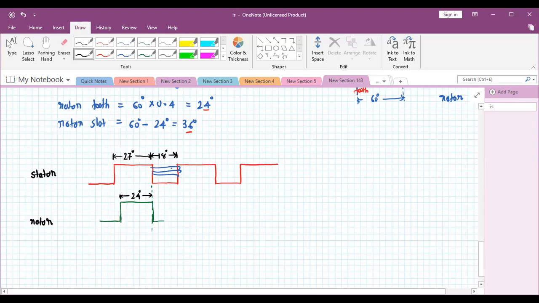So this is 60 and it will be repeated like this, and it will continue. So this is the rotor structure, and the rotor slot is 36.